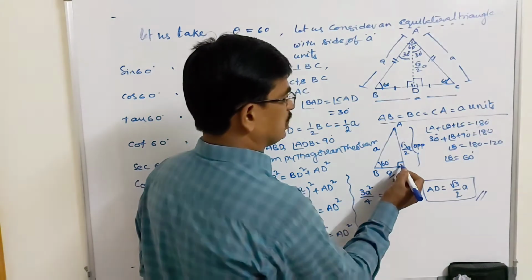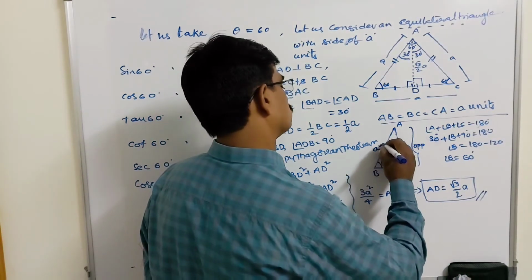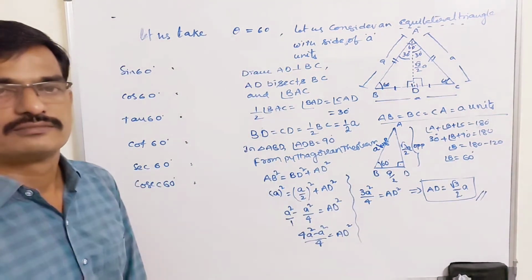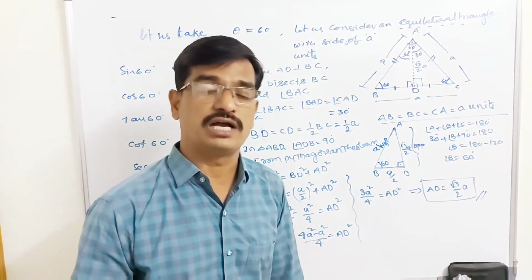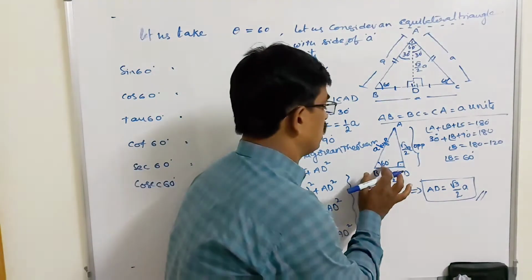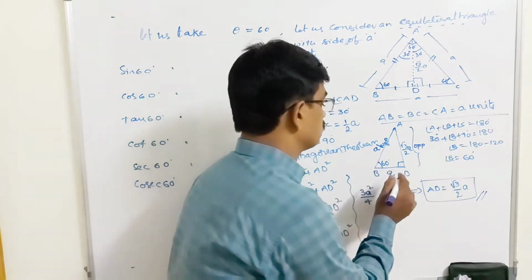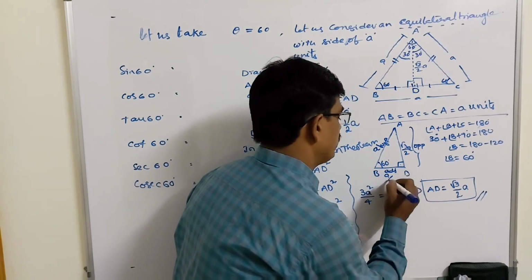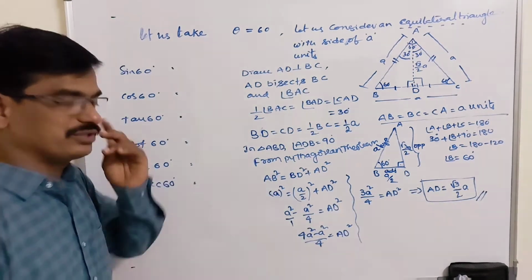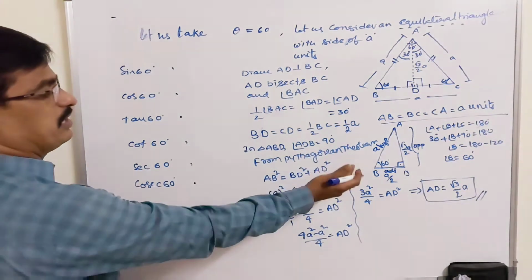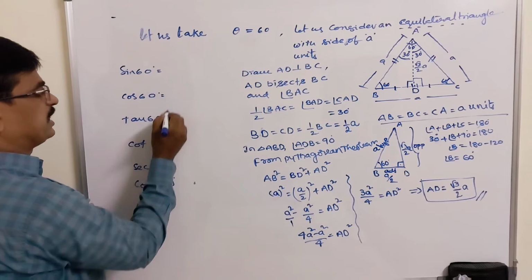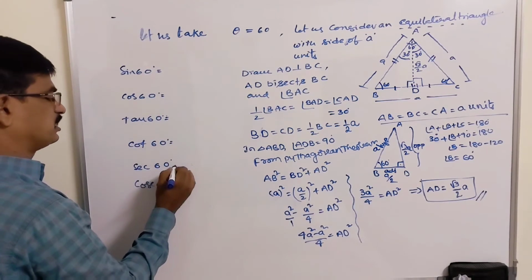And the side which is opposite to right angle is called hypotenuse. And the side which is adjacent to theta, here theta is 60 degrees, then this is the adjacent side. So its length is A by 2 units.